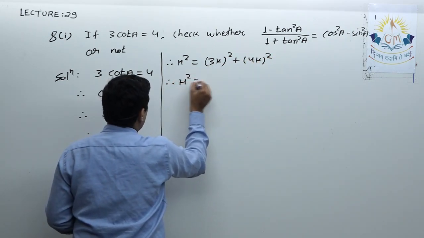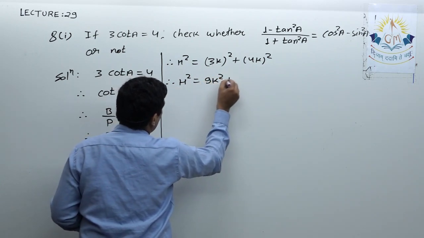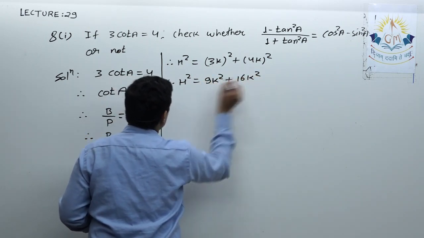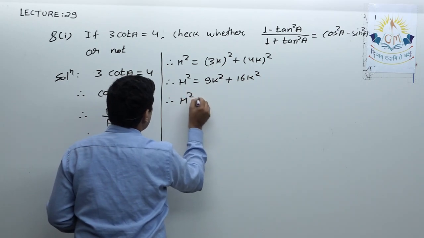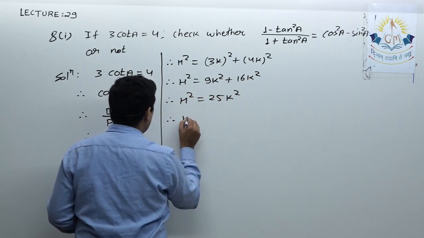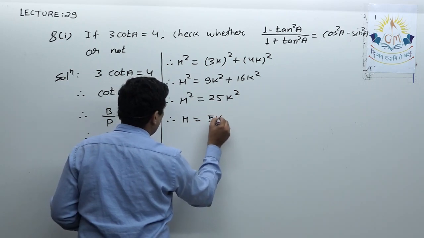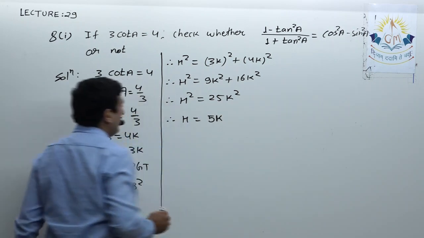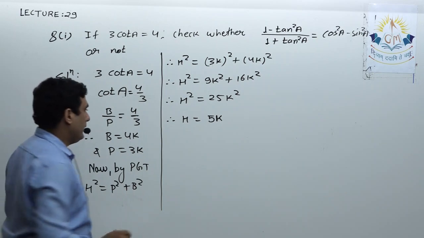Therefore h square is equal to 9k square plus 16k square. Therefore h square is equal to 25k square, and hence h is equal to 5k. That is the value of hypotenuse.